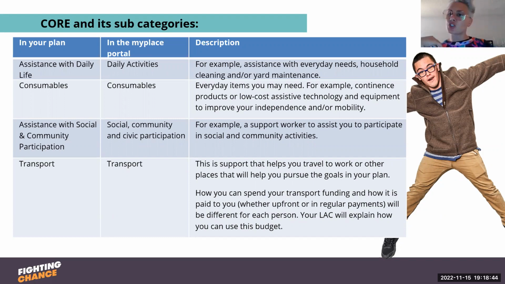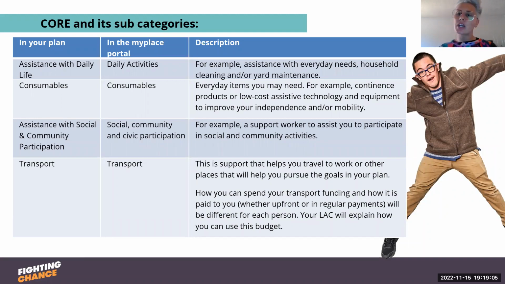And that's where they can draw from the reports and from your information that you give at the meetings to explain to the delegate or the person that's actually pressing approve on the plan. They will explain to them why this amount of hours is reasonable and necessary.